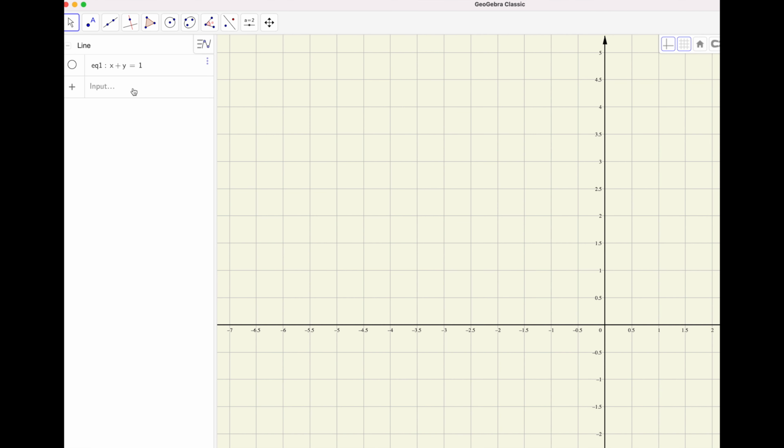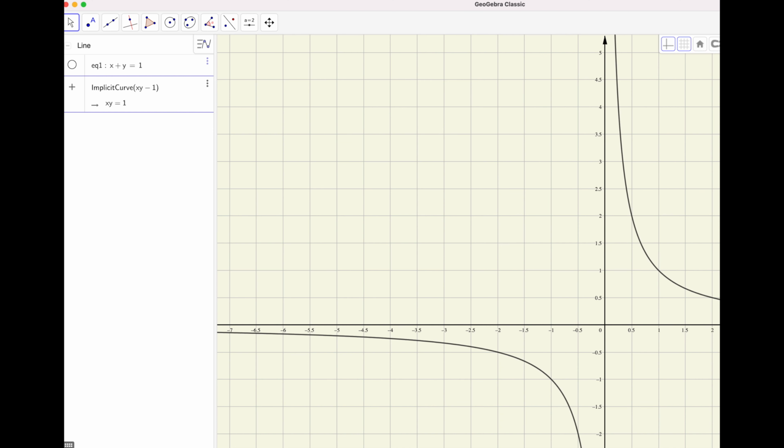I want to have an implicit curve. Now let us use GeoGebra to see how it works. Then it becomes xy. Maybe I have to put -1. Yes, now it works.